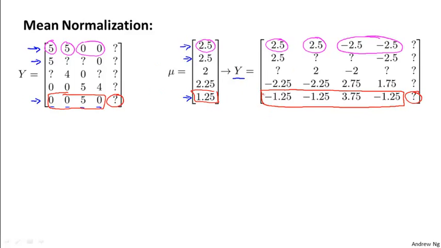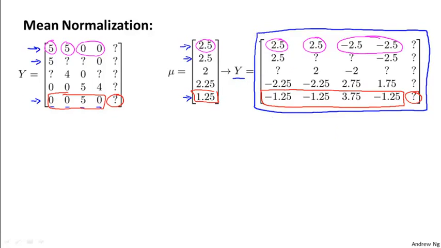What I'm going to do then is take this set of ratings and use it with my collaborative filtering algorithm. So I'm going to pretend that these were the actual ratings I had gotten from the users, and I'm going to use this as my data set with which to learn my parameters theta j and my features xi from these mean normalized movie ratings.